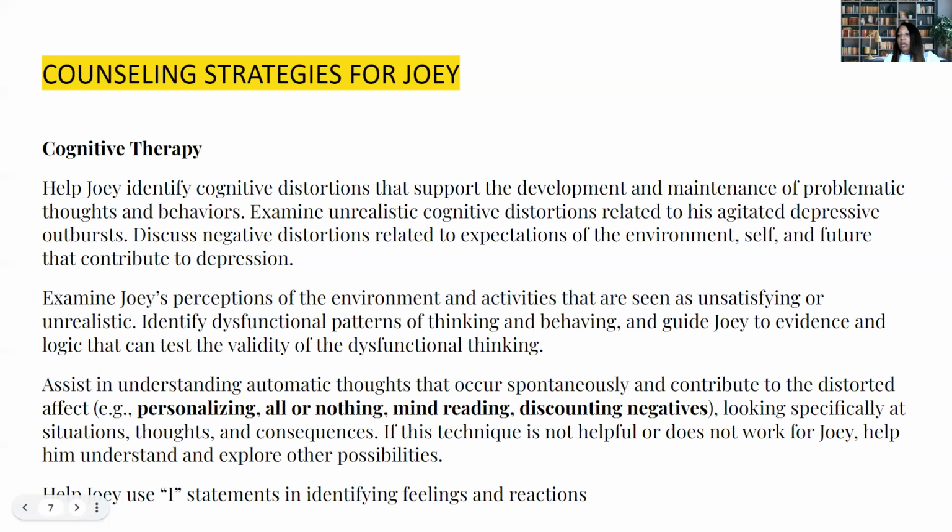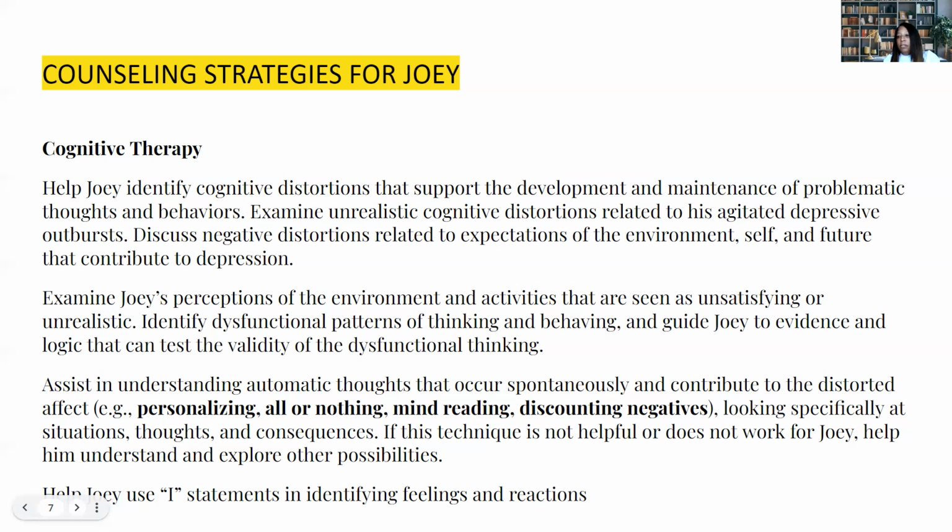So we would help Joey identify cognitive distortions that support the development and maintenance of problematic thoughts and behaviors. As we read in the case study, he tends to say, nothing's right, everybody's angry, you were going to say that anyway. So we want to discuss those negative distortions and relate them to expectations of the environment, self, and future that contribute to the depression, okay?